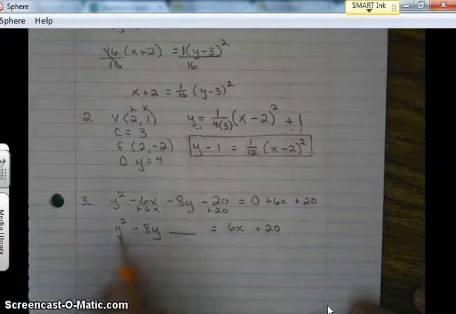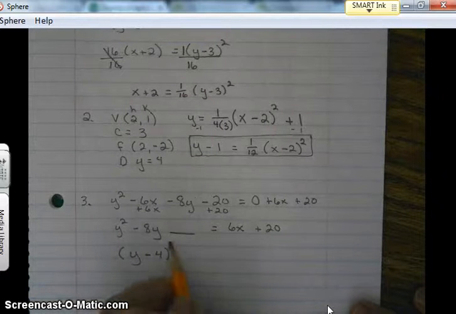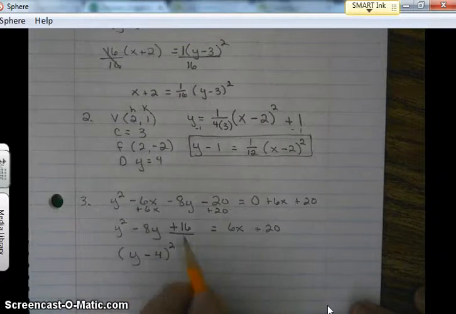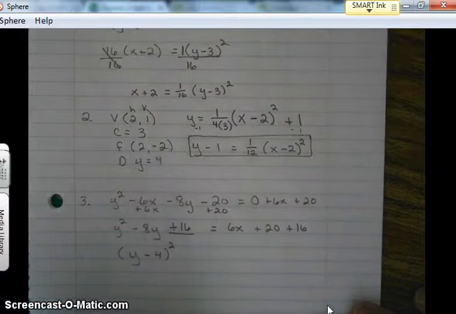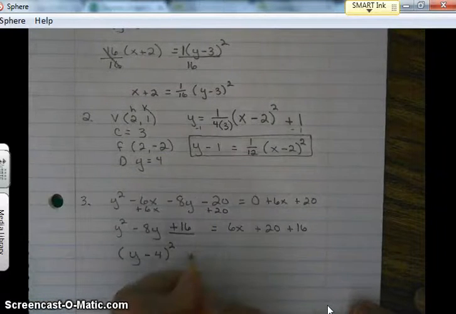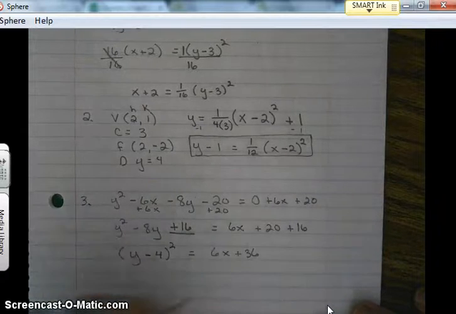And then we're going to go ahead and complete the square. So y, half of minus 8 is minus 4. And minus 4 squared is 16. And if we add 16 on the left, we have to add 16 on the right. And so we get 6x plus 36.